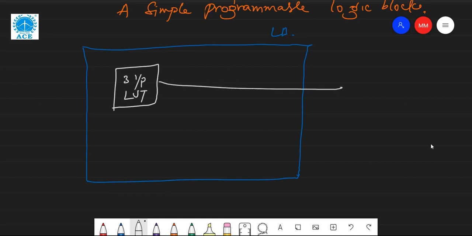If we take the output as Y, we have so many devices connected here. In this case, I'm connecting a MUX, which has another input.